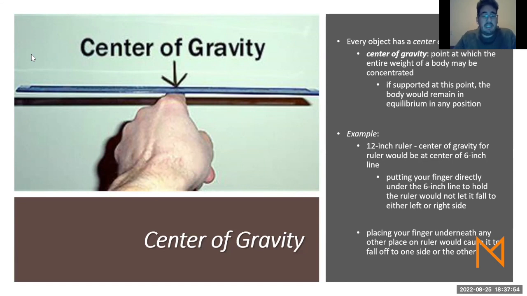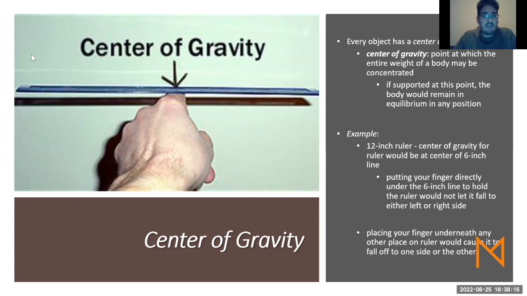So it's right in balance with everything else around it. Here's an example showing you this. The picture on the left kind of shows it from what the words explain on the right. So take, for example, a 12-inch ruler or a 1-foot ruler.